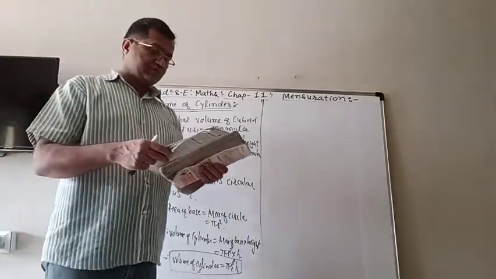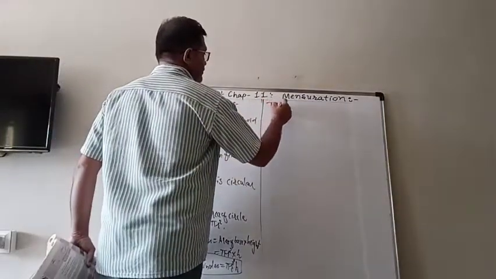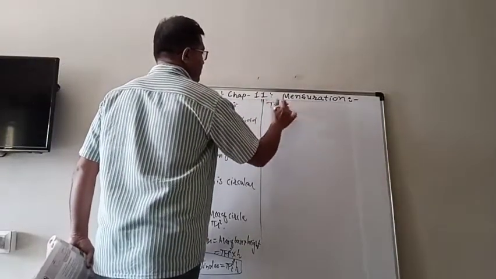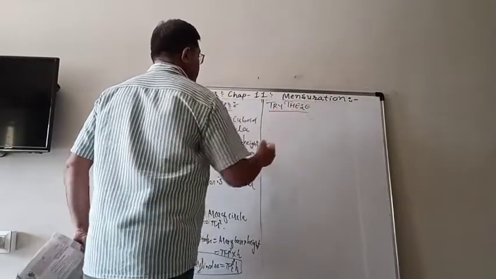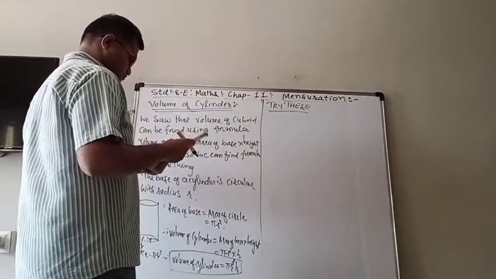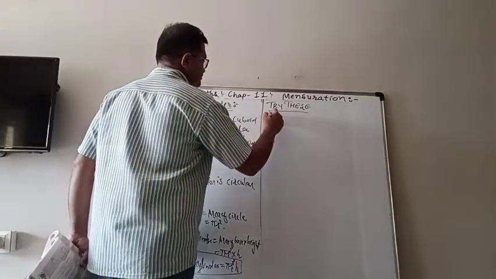Let's try this based on this formula. In try this, given, find the volume of the following cylinders.